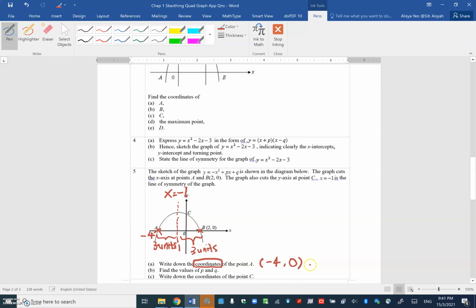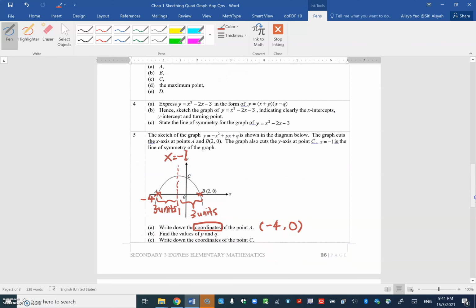Now in part B, you're going to find the values of P and Q. Looking at the question, P and Q are the unknowns in the equation. Given the equation here, you may also come up with your own equation using the x-intercepts. Your graph is going to be in factorized form, x bracket and another bracket.